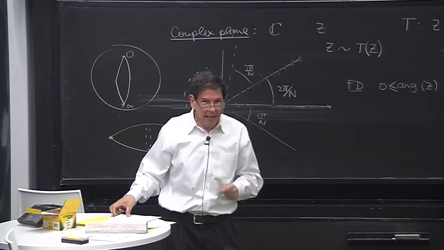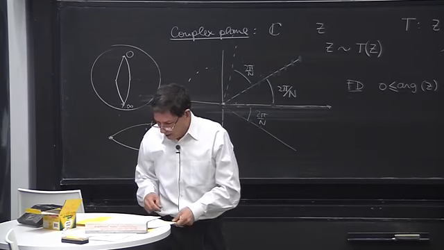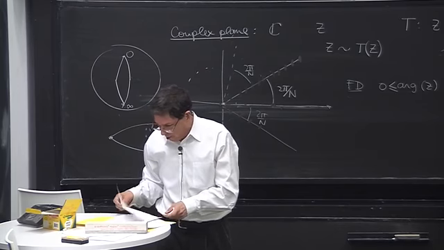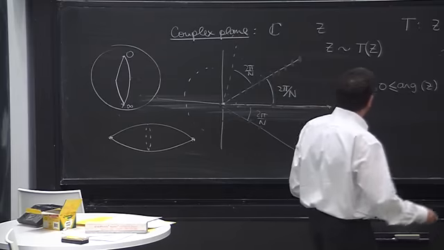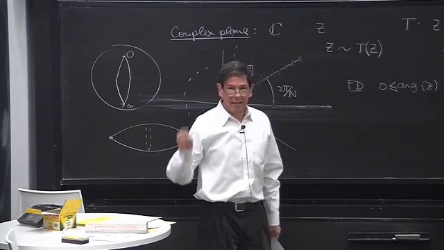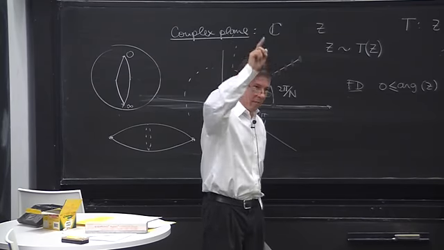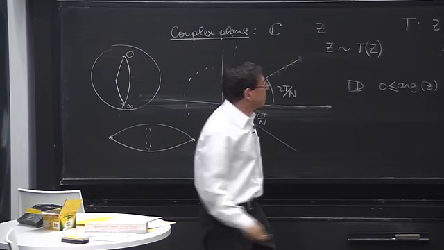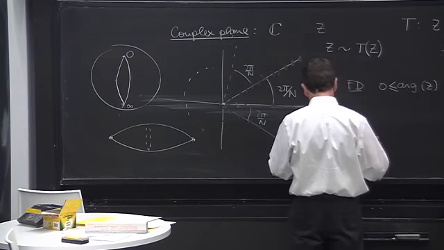Okay, I want to leave for you a little puzzle if you want to think about it. I said if n were irrational, this would not work. But how about n being rational?